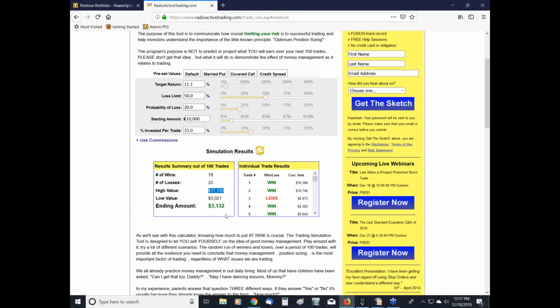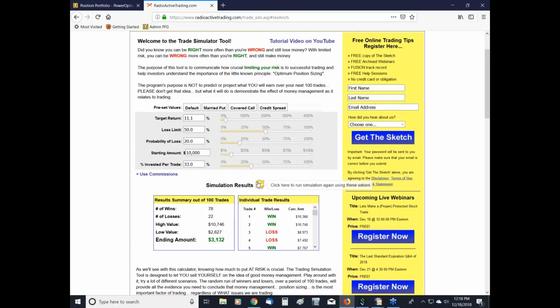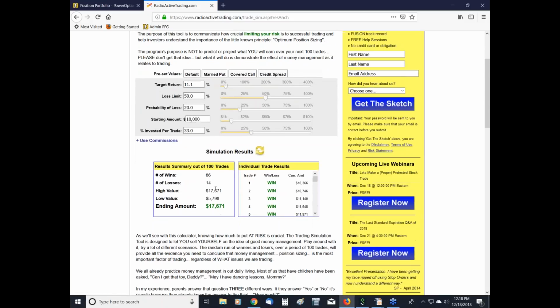You had a 10% gain on the portfolio at one point, but over time, it's down about 70% from where you started with that $10,000. Okay, so let's try to get to 85. There we go. That's what you're looking for. But with an 80% probability, you need to be right 85% of the time to match those goals that you're expecting. And the drawdown can be atrocious.